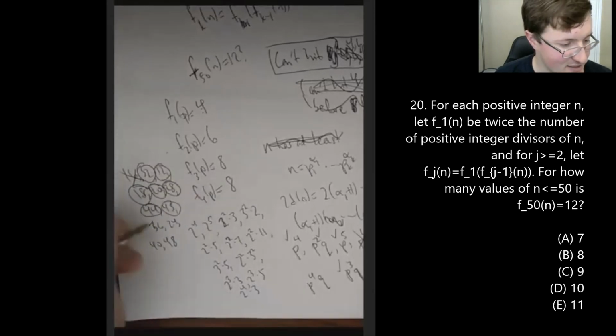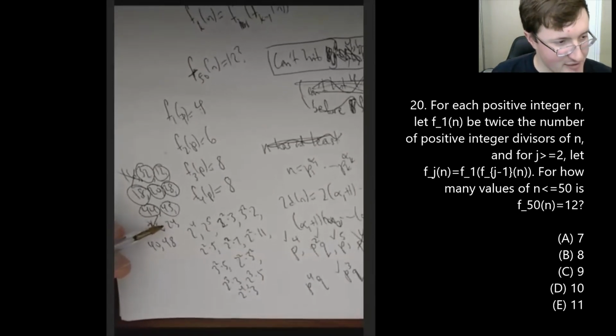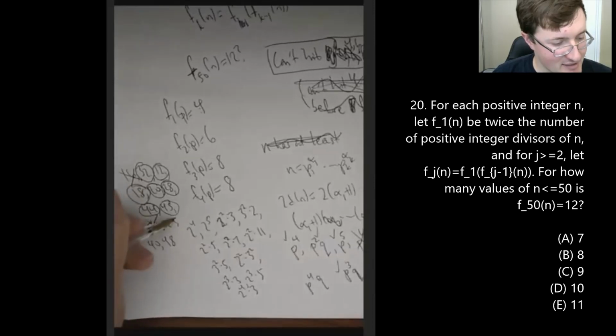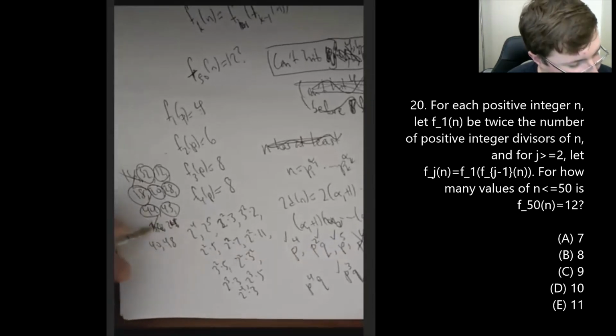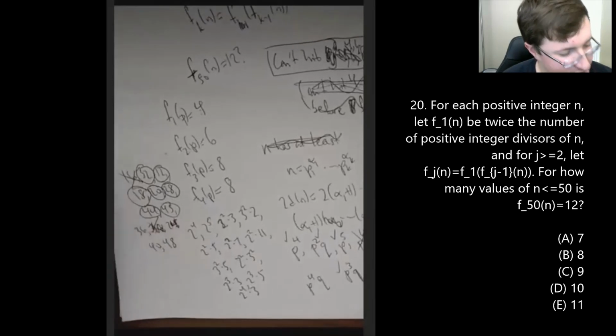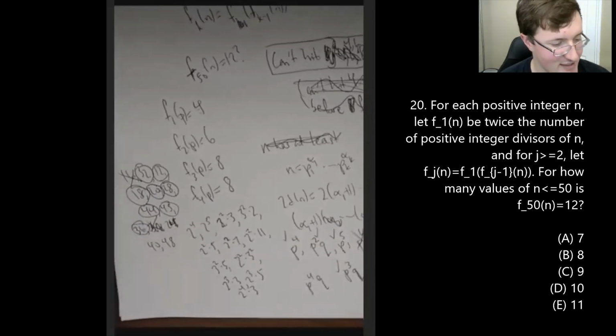Then I'm in this loop, so that doesn't work. 24 has, that's 2 cubed times 3, so that's 8 divisors. That's, oh, but I doubled that. Oh wait, no, 36. Let me go back to 36. 36 had, no, 9 divisors. I double that, I get 18. Then 18 does work. Okay.